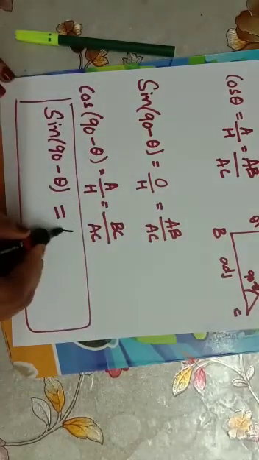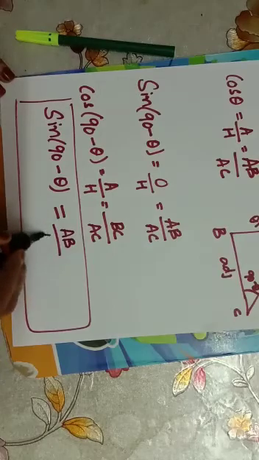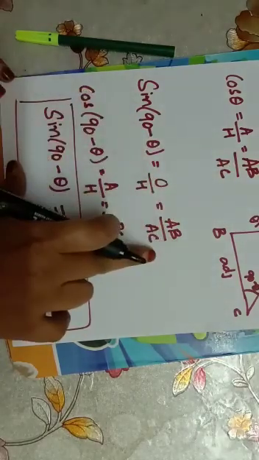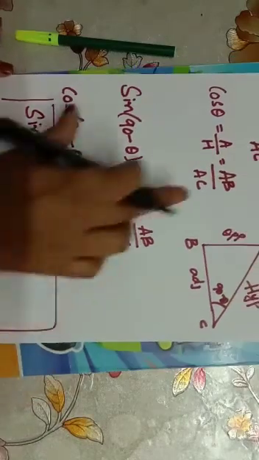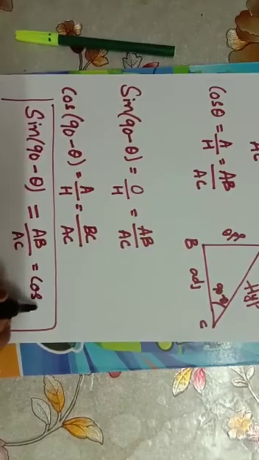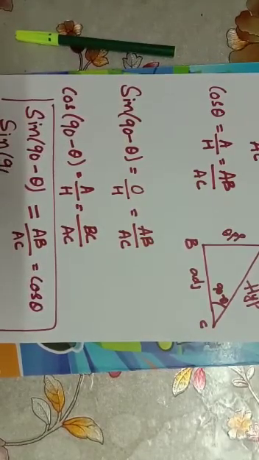AB by AC. Correct? But what is AB by AC? It is cos theta. So the derivation is sine 90 minus theta is cos theta.